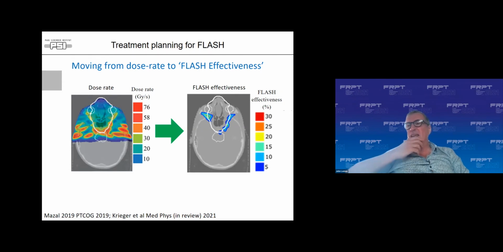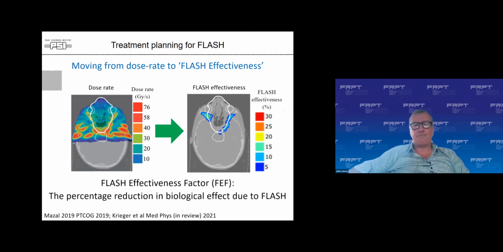And we just have this as a percentage. We will say, okay, the flash effect, if it comes in, is, let's say, a 30% effect. That means it reduces the effect on the normal tissue by about 30%. So this is what we call the flash effectiveness factor, the percentage reduction in biological effect due to flash.